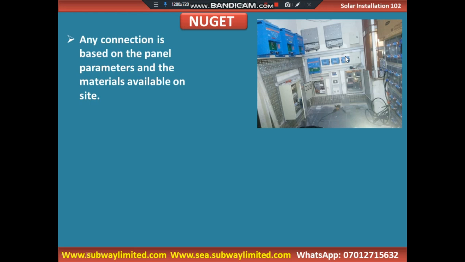Now you have to consider the solar panel nameplate and match it with the rating of each of the solar charge controllers here and the rating of the Fronius inverters here.